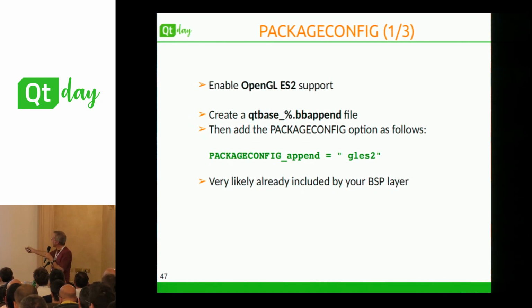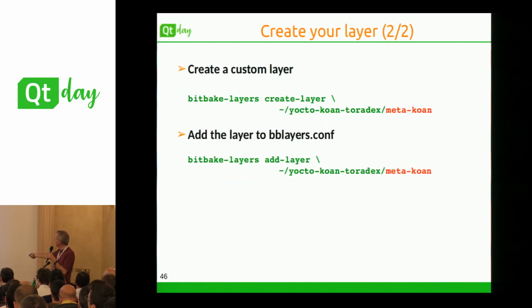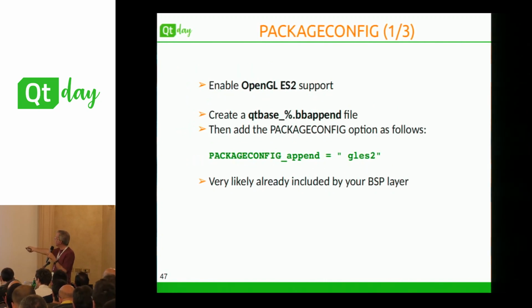So basically, inside your layer, meta-coan in our case, you add a qtbase bbappend file, where the wildcard replaces every version of Qt available in my system, so I don't care about it.